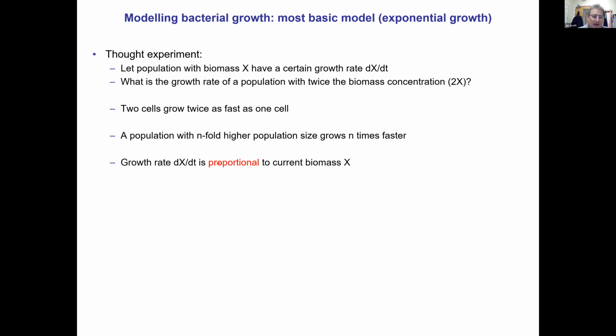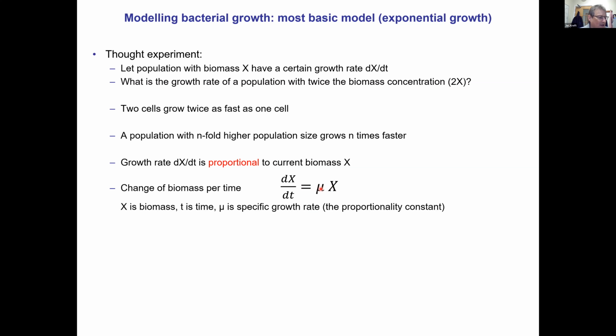That proportionality is a very simple idea, and very powerful, because it explains why we have exponential growth of a population. We can write that the change of biomass per time, dx/dt, is proportional to the current biomass x, and this proportionality constant, mu, is our specific growth rate.